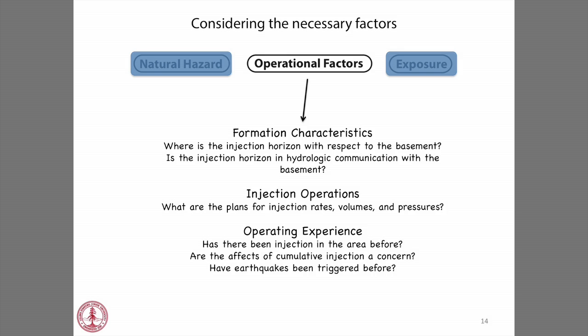So now the unique factor that goes into understanding risk for triggered and induced earthquakes are what we call the operational factors, as I said before. These are things like whether or not the injection horizon is in hydraulic communication with the basement, so whether or not the pressure from the fluid can communicate to the basement, as well as what are the plans for injection rate, volume, and pressures.